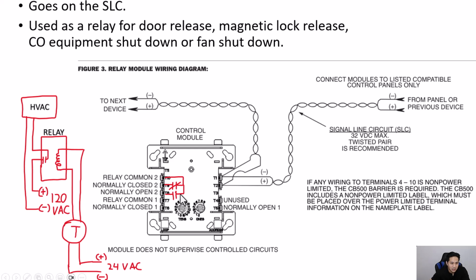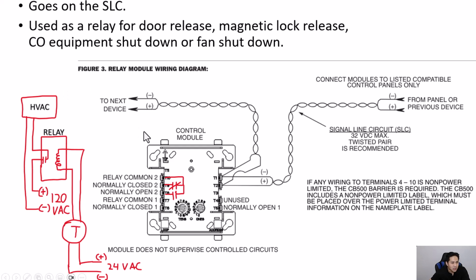Since it has dials, it has an address that you can add to it. So let's say the address is 10. You can program the fire alarm panel to say when a specific smoke detector goes off that's related to this control module, make control module with address 10 open up this relay, which will basically turn off the power to the thermostat. And when that happens, it'll basically shut off the HVAC system.